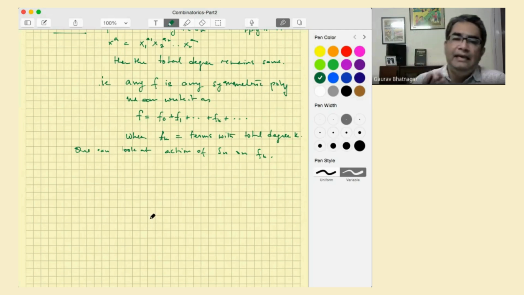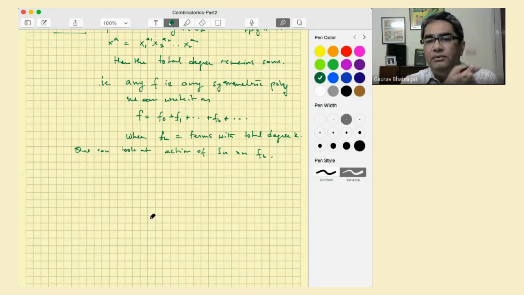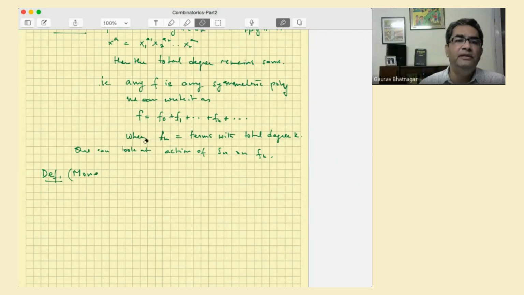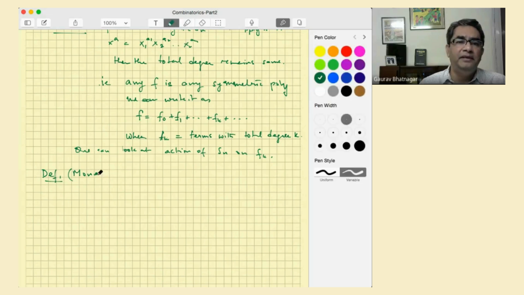And that is where we are coming to one of the very central ideas of the symmetric function, what is called the monomial symmetric function. Again, after today I'll be able to say symmetric function, but right now whenever I say function, you should think I'm saying polynomial.